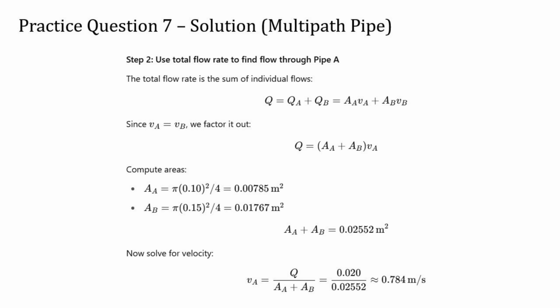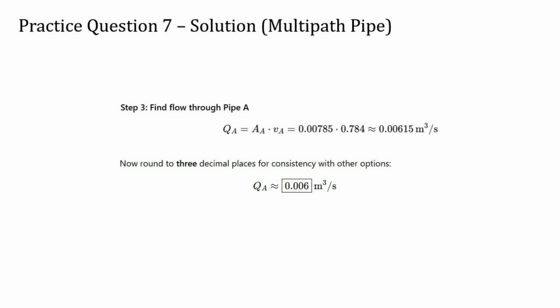Next, we solve for the common velocity by dividing the total flow rate by the total cross-sectional area. With the velocity known, we multiply it by the area of pipe A alone to find its individual flow rate. The final result, after rounding appropriately, shows that the flow rate through pipe A is approximately 0.006 cubic meters per second. This corresponds to answer choice B.